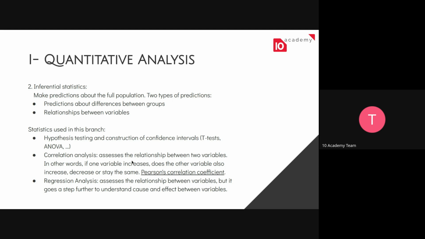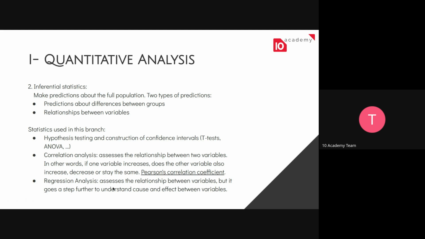One measure of correlation is the Pearson correlation coefficient, which you have to compute at some point during this challenge for your data. And the third thing is regression analysis.